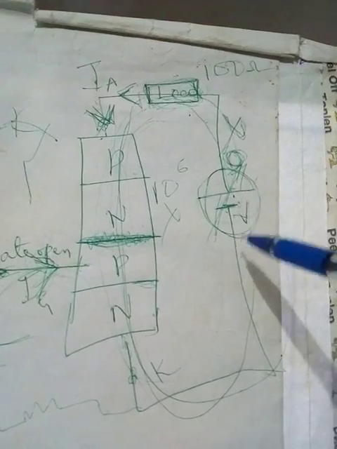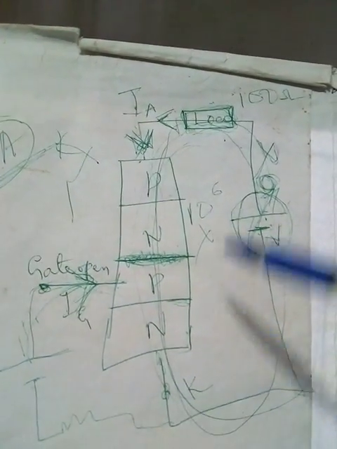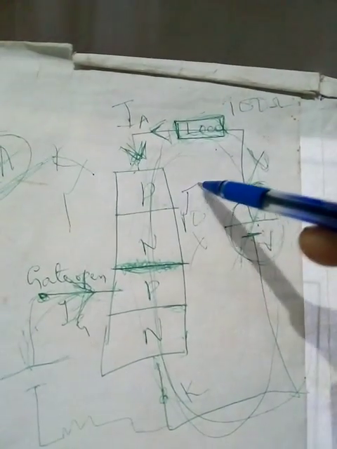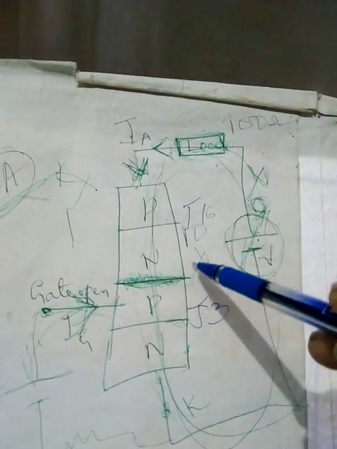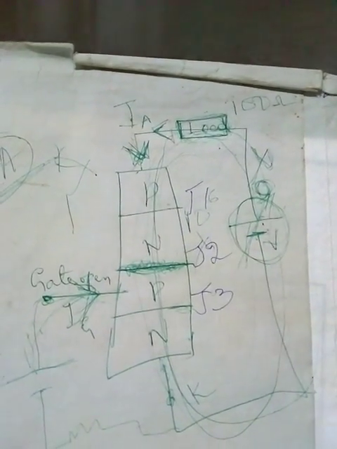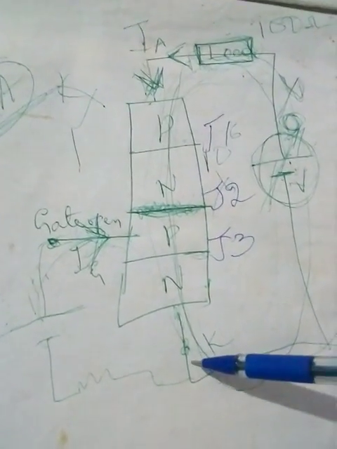Now this will be negative, this will be positive. So junctions J1 and J3 will be reverse biased now, and junction J2 will be forward biased. Same thing, SCR will not conduct because two junctions are reverse biased.